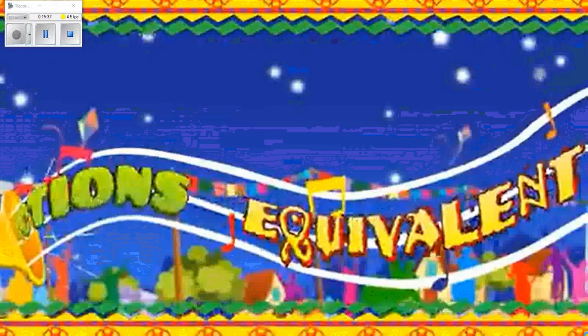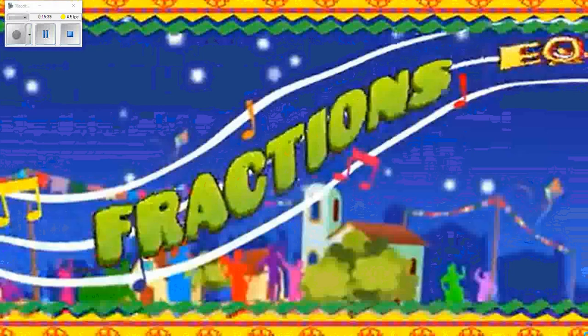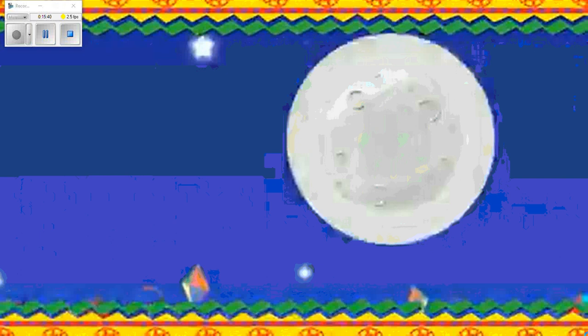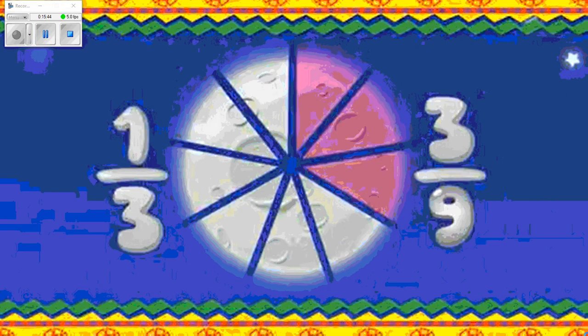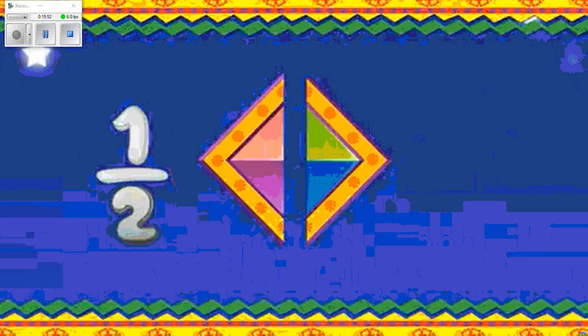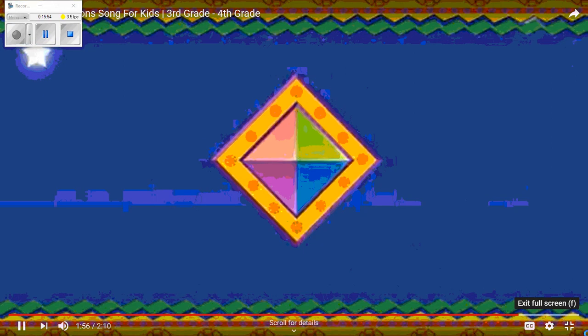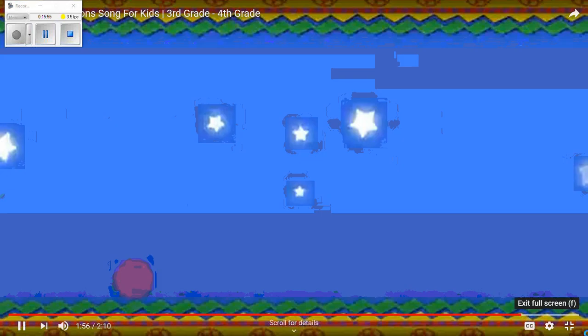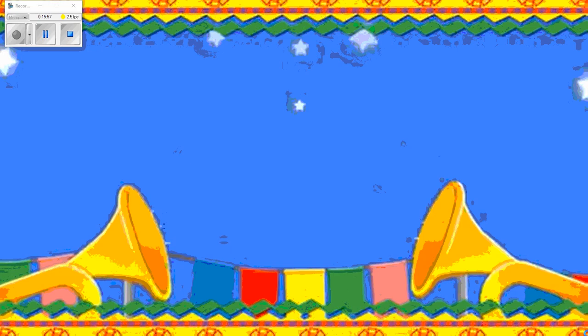Equivalent fractions is the name for fractions whose values are the same.